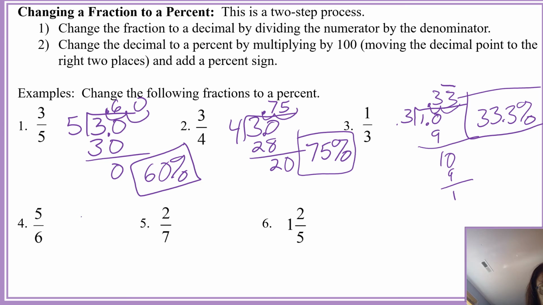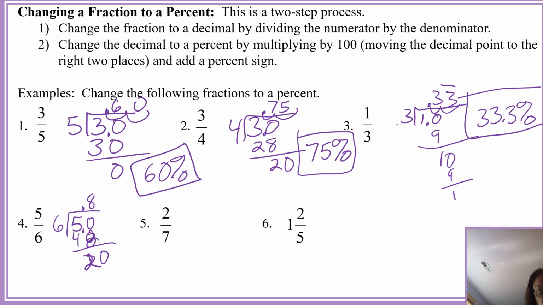All right, 5 divided by 6. Doesn't go, put down the decimal place, 50. 6 goes into 50 8 times, that's 48. Subtract. I'd already done it in my head, so that's why I wrote the 2. So it's 2.